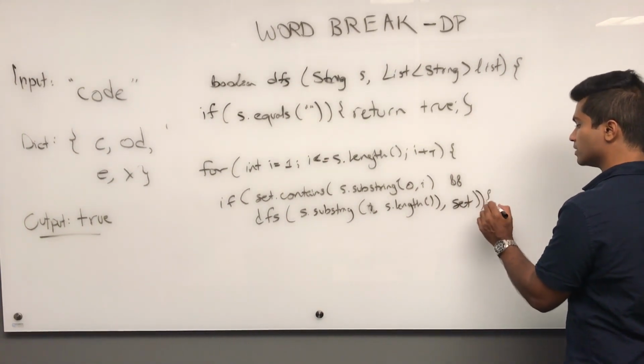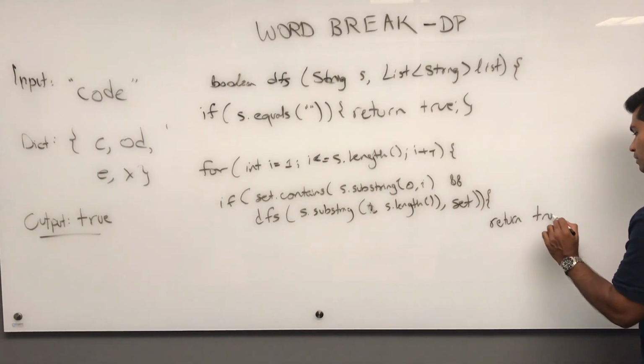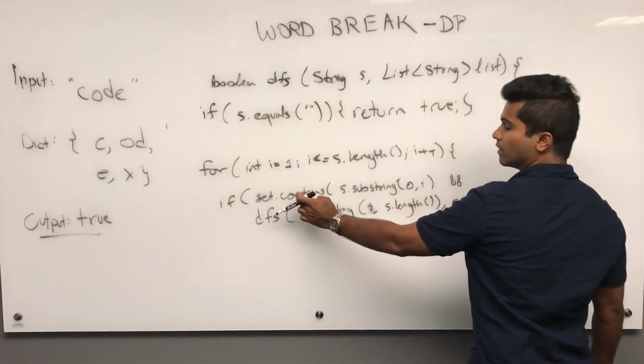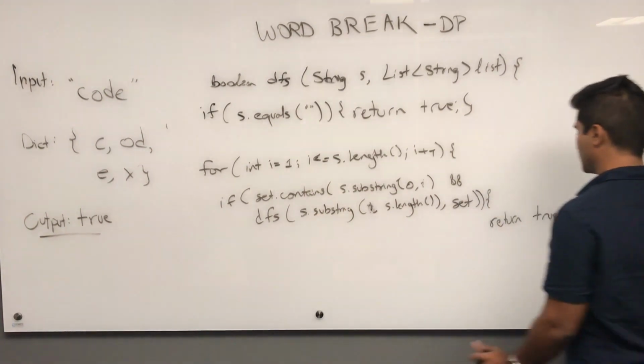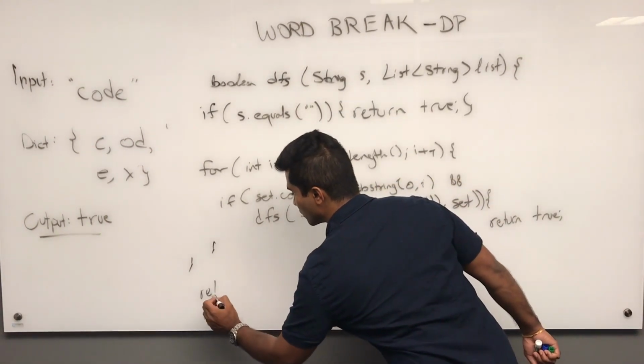If this is true, then we return true. This is the left hand of the branch, and this is the right hand of the branch. If none of our breakdowns work, then we return false.